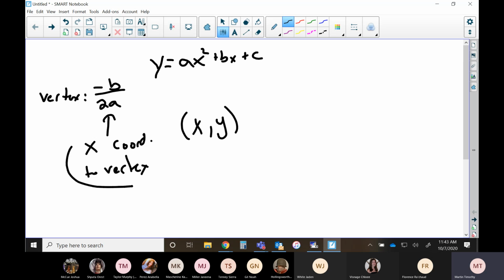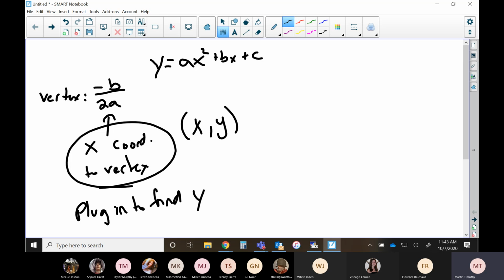Well, when I find the x coordinate, what did I tell you? Anytime that you find the x, what can you do? So you would then plug it in, and then you would do the math, and after you plug in, you would find the y.